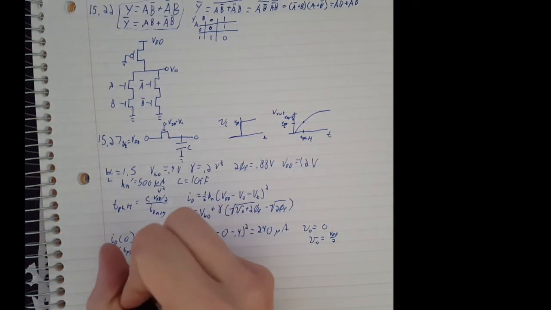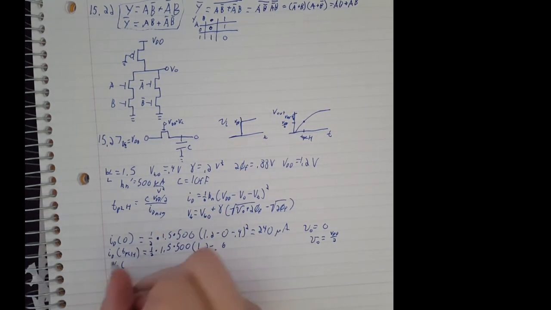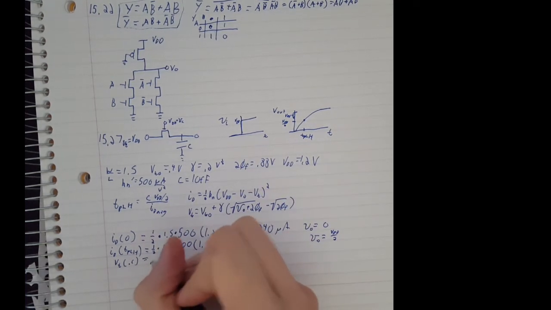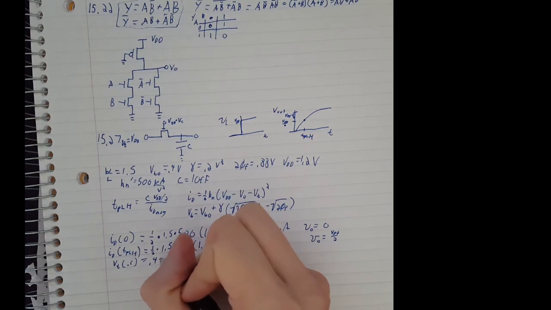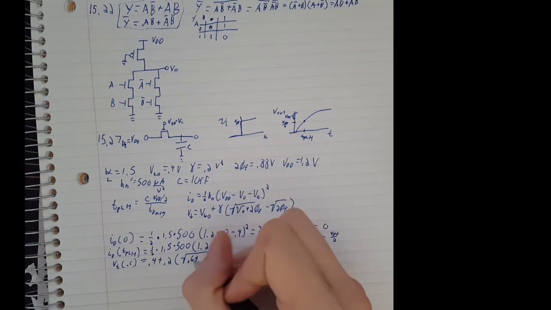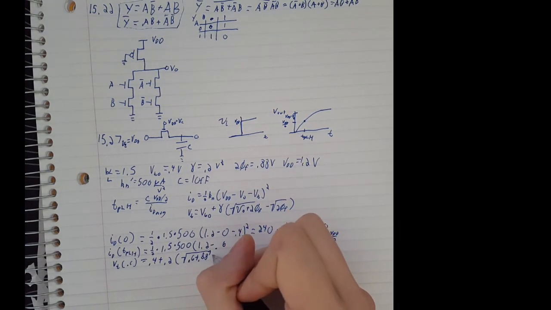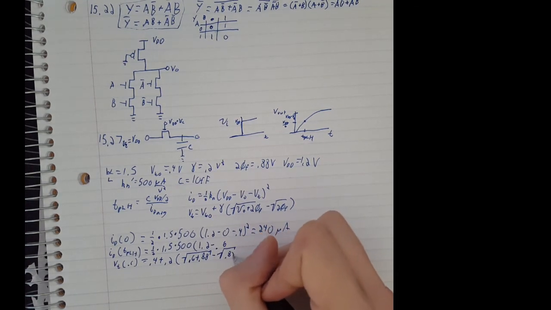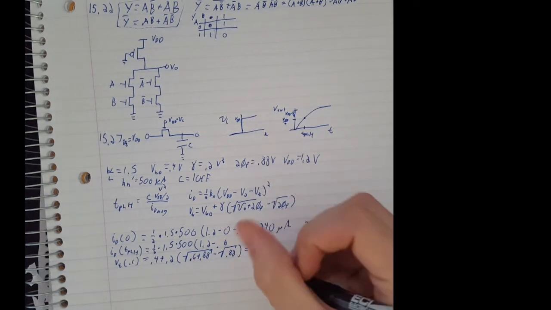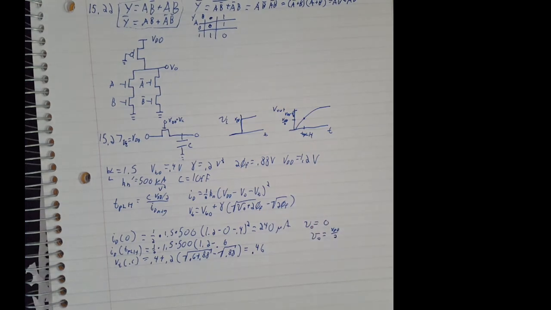So our VT at 0.6 is equal to our VT naught, which is 0.4 plus 0.2 times the square root of 0.6 plus 0.88 minus the square root of 0.88. And that gives us 0.46 volts.